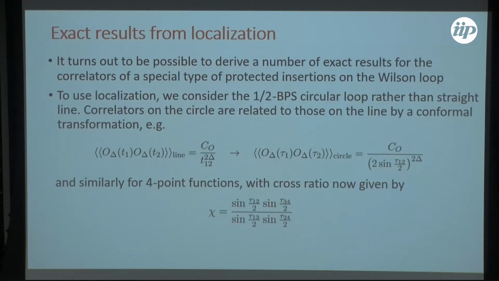You basically do the mapping between line and circle, and essentially distances on the line are mapped to distances on the circle in this way. t12 is mapped to 2 sin(τ12/2), where τ are now coordinates on the circle from 0 to 2π. Similarly for the four-point function, a similar mapping applies, where the conformal invariant cross ratio now has this form.